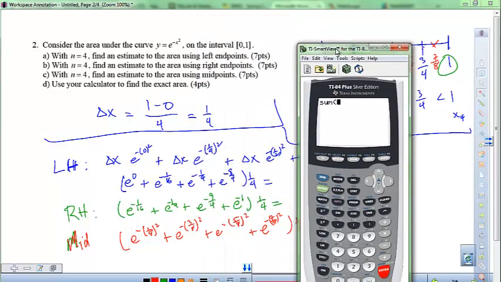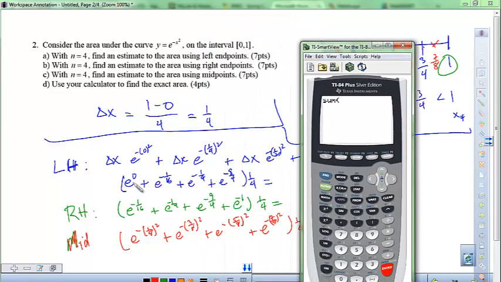So look at what we're adding up. We're adding up a sum of the function evaluated at those values. The function was, remember, in y1. To access y1, we press vars, go to y vars, and select 1 or just press enter for function, and there's y1 right there.